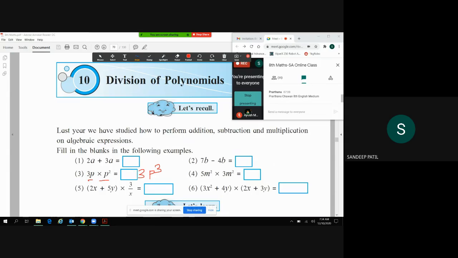Here it need not be a common term. Multiplication can be done with any variables. So 5m square into 3m square becomes 15m to the power 4, right? Okay, I can explain it again, specifically this addition and subtraction part.